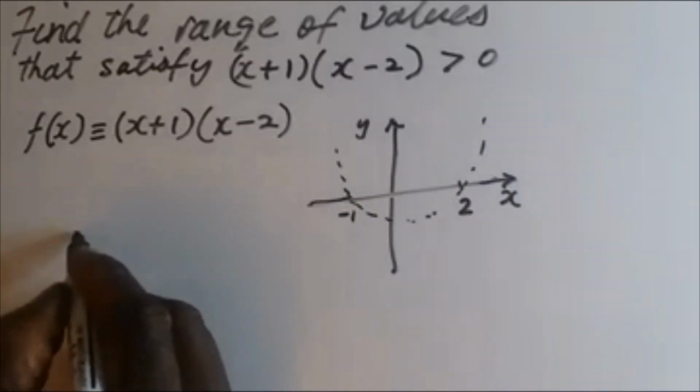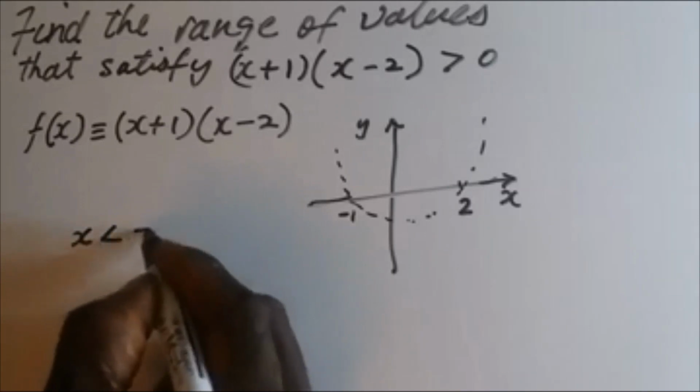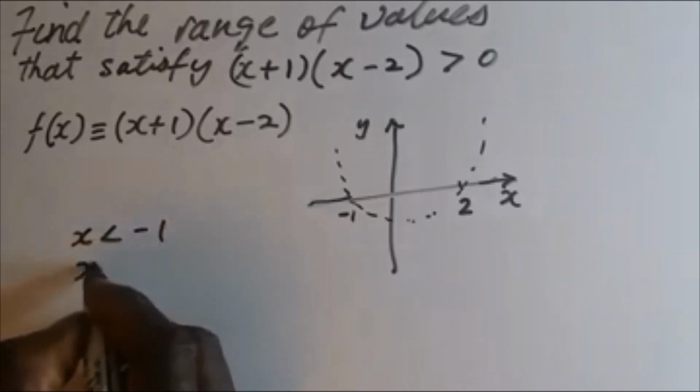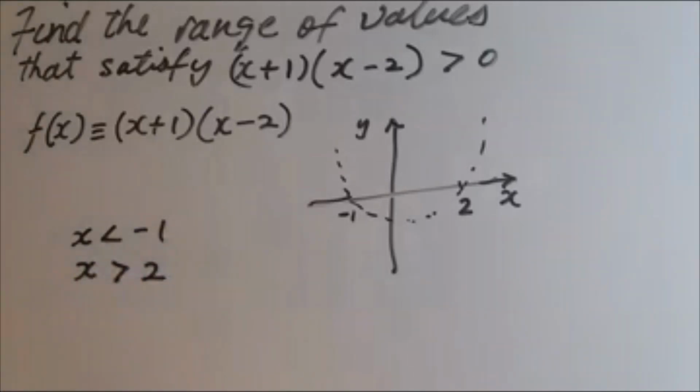So our two values are x less than -1 and the other x greater than 2. So the range of values will be x less than -1 and x greater than 2 to satisfy this inequality.